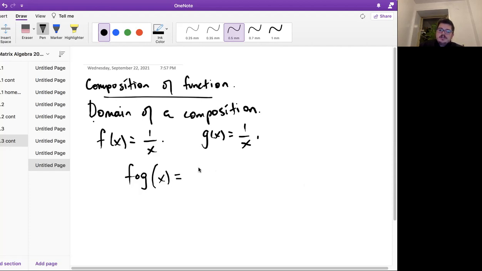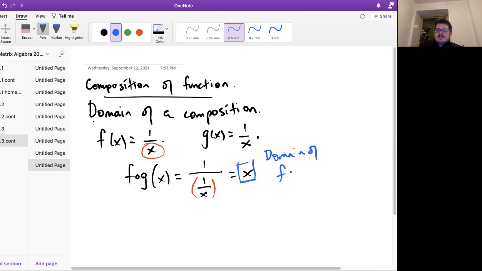f of g here is 1 over 1 over x, which is equal to x, like the identity. So you're plugging 1 over x into f. You would look at the domain of f of g of x, and you would also look at the domain of the input. So what is the domain of f of g of x equal to x?